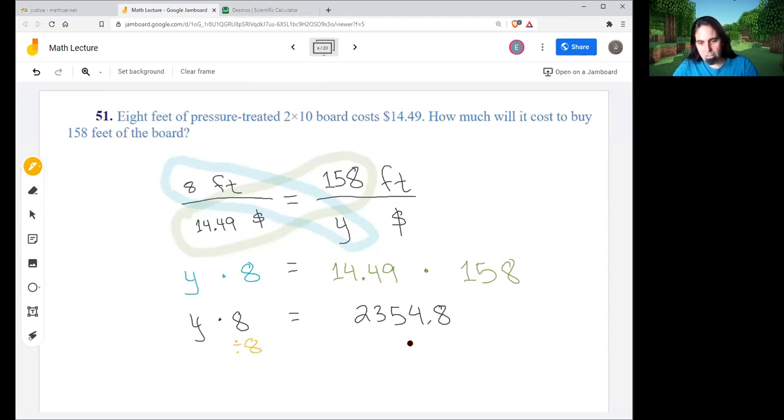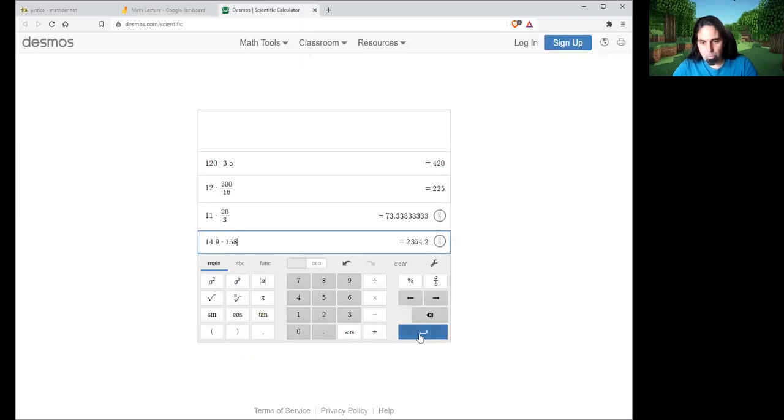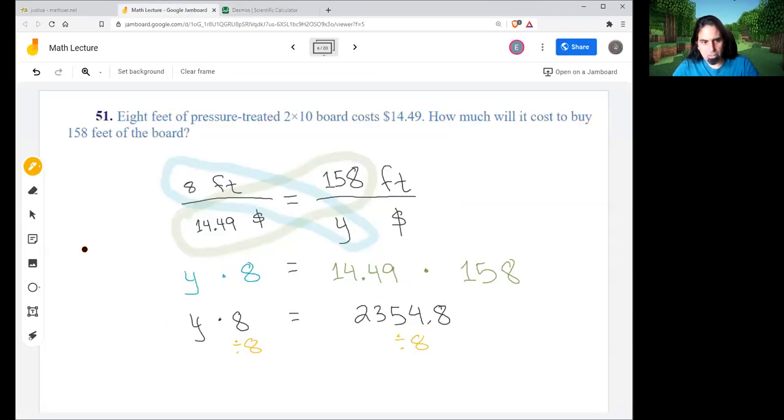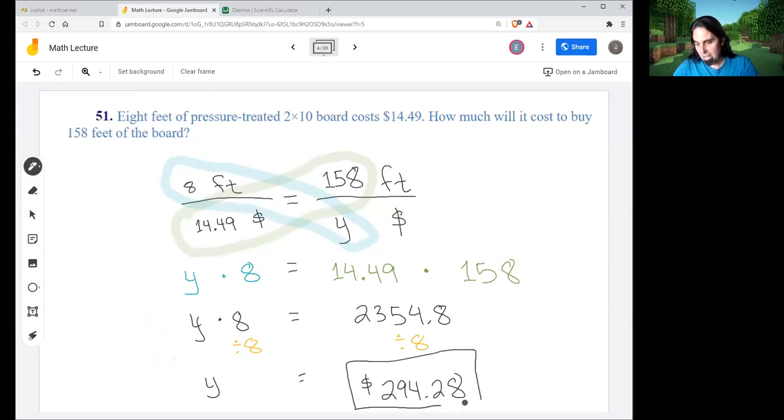Again, I am writing lots. You don't have to. About 294.28. So you can leave out either of these steps and still be getting plenty of algebra practice for the GED in Math 60.